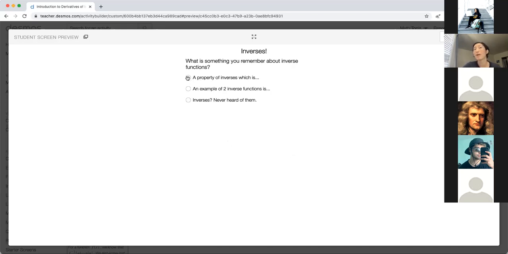If you know a property of inverses, we could click here. If you had an example of inverses, we could click that middle one. Once you've had time to think, throw your contribution into the chat.